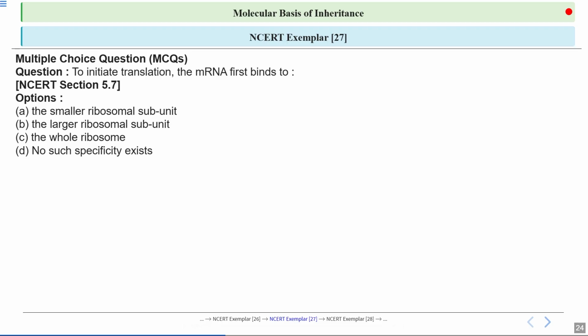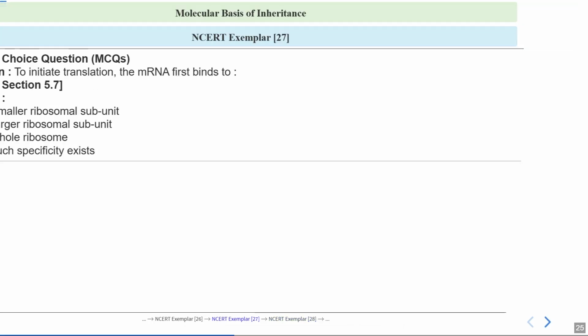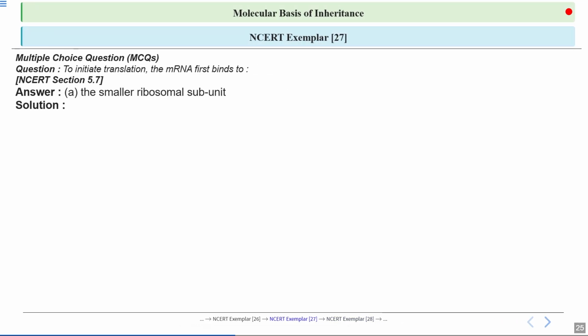What is the correct answer? So let's have a look at the answer. Option number A is the correct answer. Smaller ribosomal subunit.